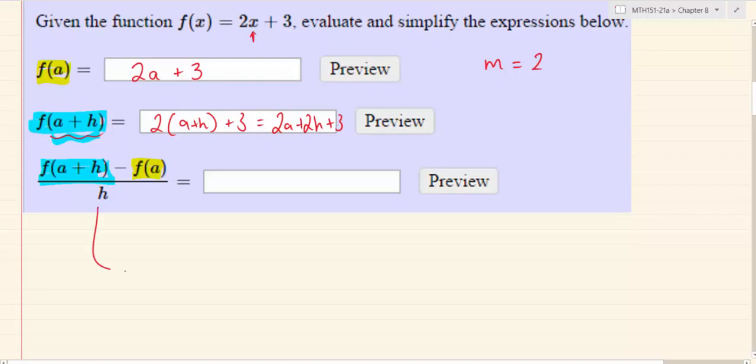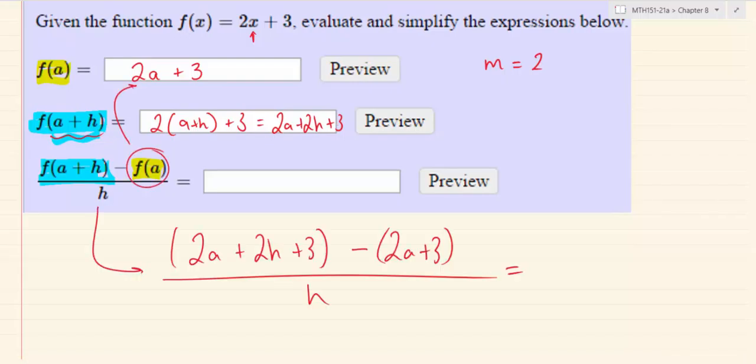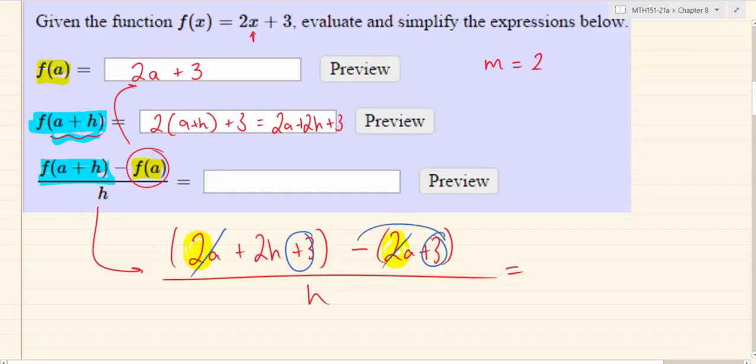And now put the whole thing together. So what do you notice? 2a minus 2a. Gone. Positive 3 minus positive 3. Gone. What are you left with on top? And if we were to take the limit at this stage of the game, if we were to take your 0 and plug it in, and let's just for kicks, the limit as h approaches 0.